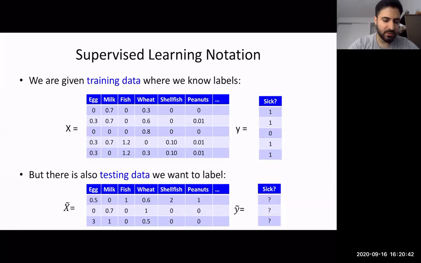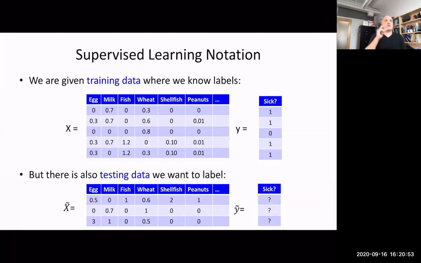I have a question. Is there any way to know how deep your tree is supposed to be, like when to stop? This is an awesome question. I'm sure many people are thinking it. So we will discuss mechanisms for deciding how many levels to have in the tree.